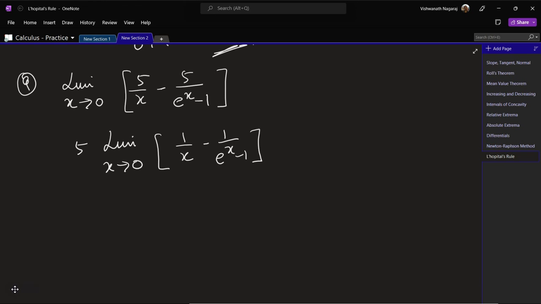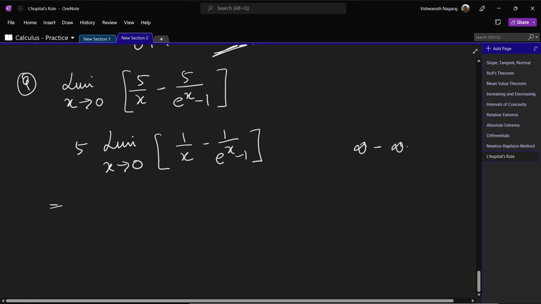Now let's apply the limit and see what happens. We get 1 by 0, that is infinity, minus 1 by (e to the power of x minus 1). E to the power of 0 is 1, 1 minus 1 is 0, right? So 1 by 0 is again an indeterminate form.